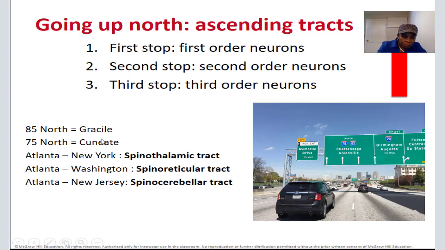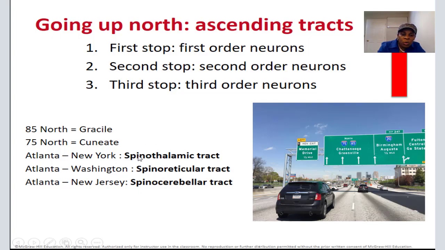for example, the road we might call 85 North, it could be Gracile. It's just the name of the pathway you take to different areas of the spinal cord. 75 North, cuneate. Then the rest of the names will be like spinothalamic. Just say New York, Atlanta, Washington, New Jersey, something like that.